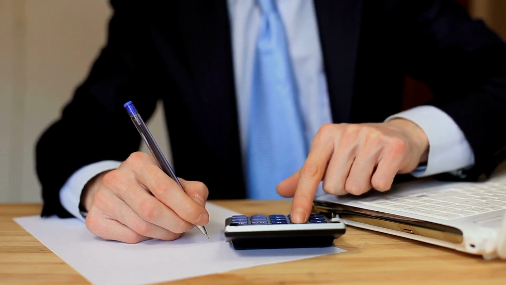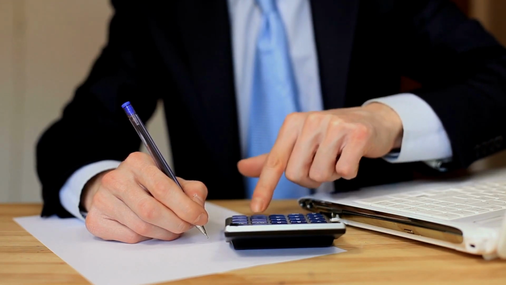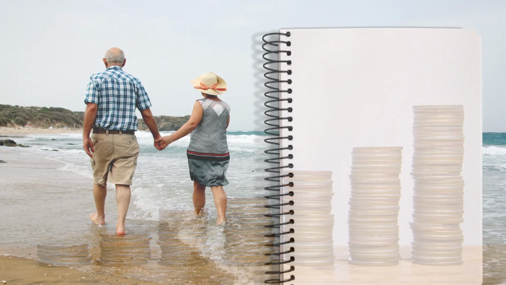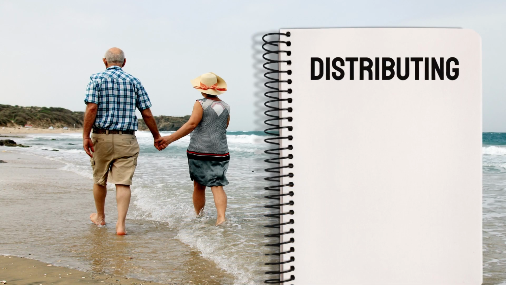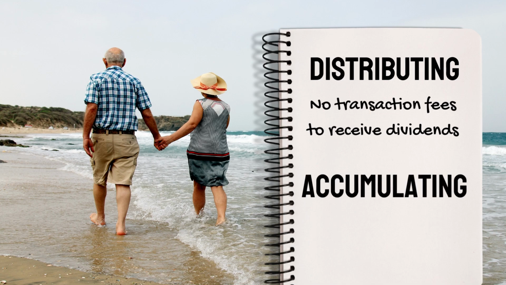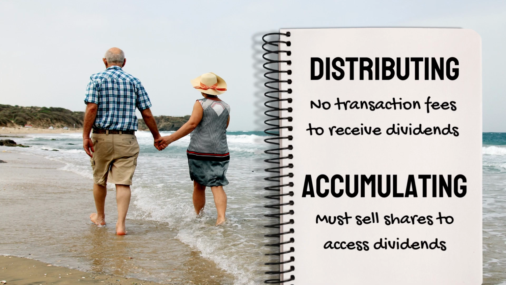Aside from the tax reporting, another reason to get this decision right is to avoid overpaying transaction fees to your broker. If you're near retirement or already retired, you could avoid transaction fees with a distributing fund, as dividends would be paid out automatically, whereas with an accumulating fund, you would have to sell shares and potentially pay a transaction fee every time you want to withdraw money.